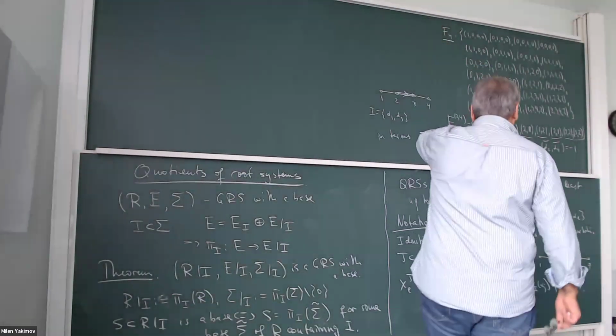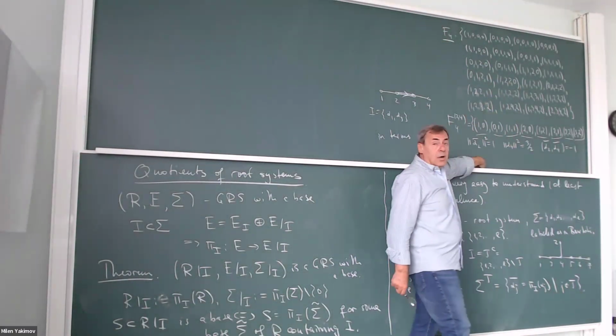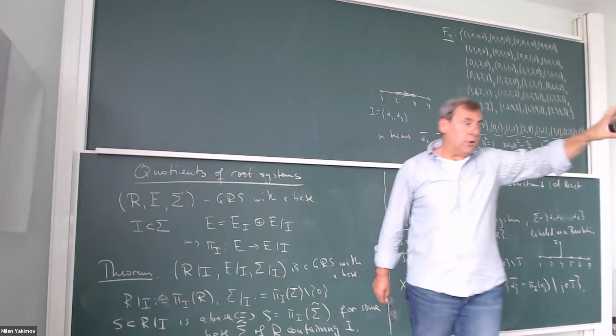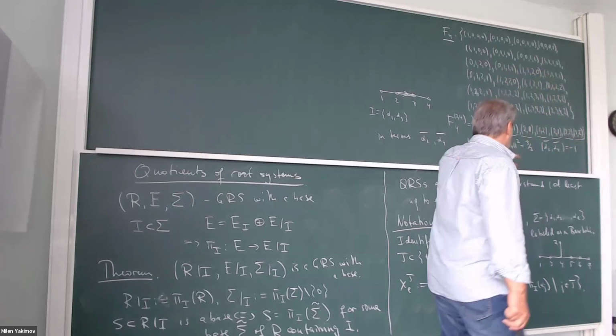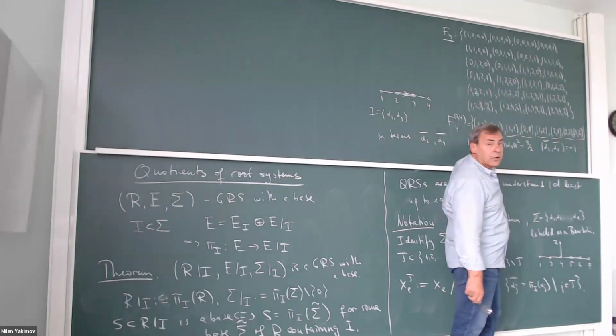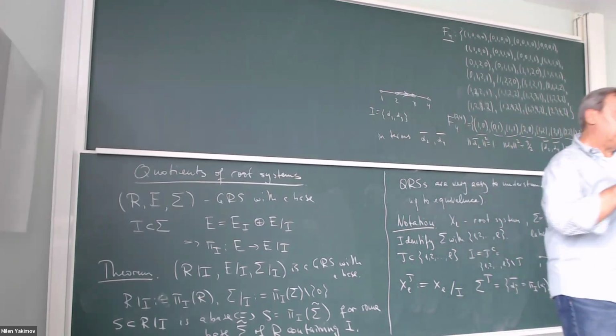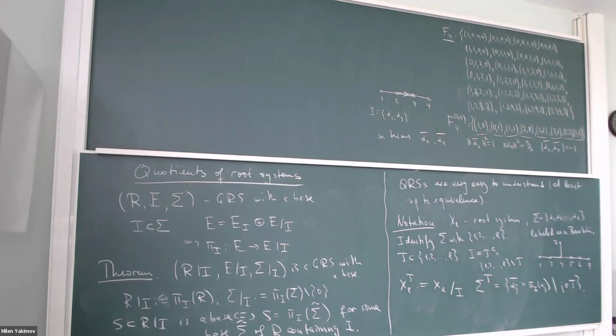The interesting thing is that actually, using the classification of the rank 2 generalized root systems, I can identify this generalized root system in rank 2. And remember, some of them depend on 2 parameters, some depend on 1 parameter, and some are rigid. A2 depends on 2, B2 depends on 1, G2 is rigid.